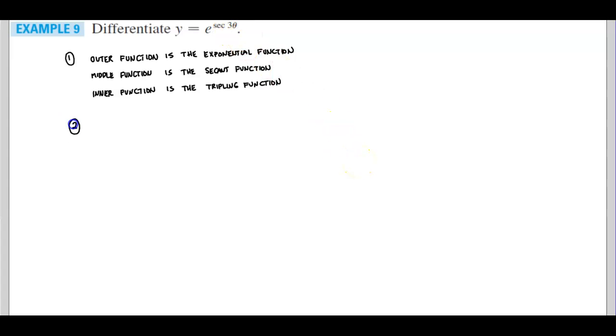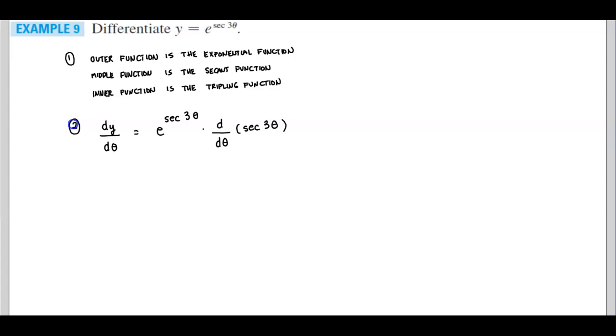So what we want to do is find the derivative of y with respect to theta. Okay, so that means that we're going to have e to the power of the secant of 3 theta times the derivative with respect to theta of secant 3 theta.